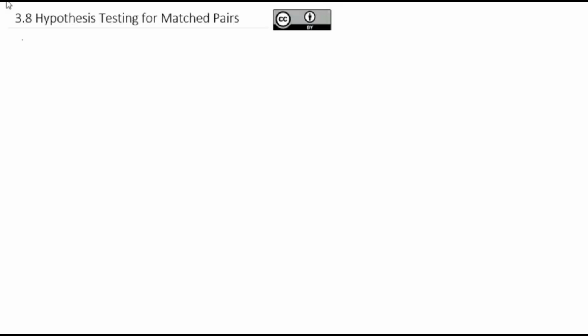That is matched pairs. And so the question we're going to ask is, how do we hypothesis test for improvement?